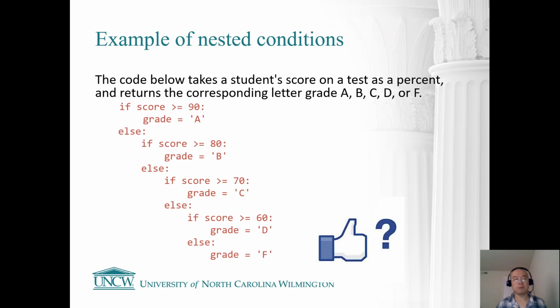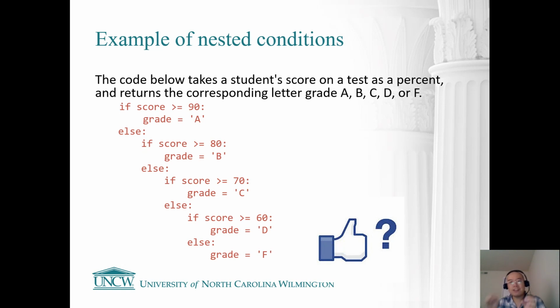But my question is, how do you like this version of the code? If you ask my opinion, I don't like this code so much. Why? Because of the indentation. Every time we plug an if and else into another if and else, the cost is that we have to do a further indentation, right?